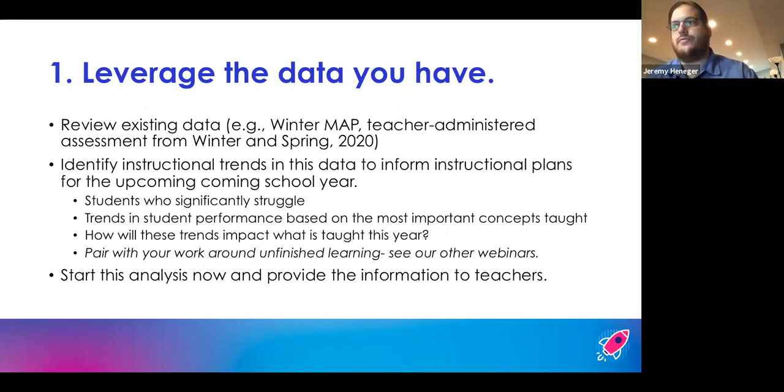You also have trend information that provides insight into what typically happens with student growth towards the end of the year. You also have information that you can get, if you don't already have it, from teachers about what content was and was not covered during the COVID interruption, and that's going to vary quite a bit from district to district.